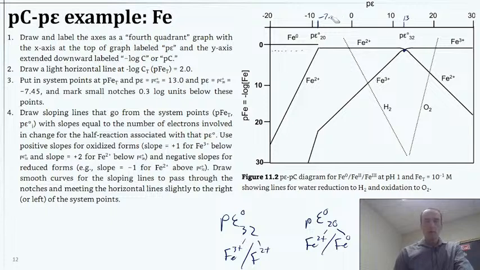A 4.5, excuse me. However, they're not drawing the Fe0 valent in the same way here, but regardless, we're going to take that 0.3 down and put our spot there.